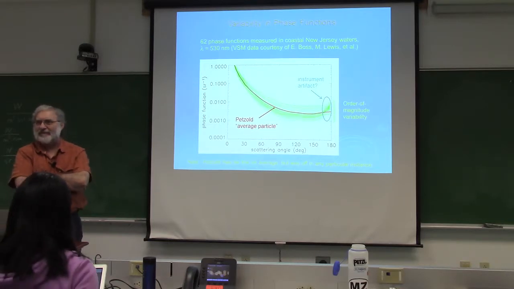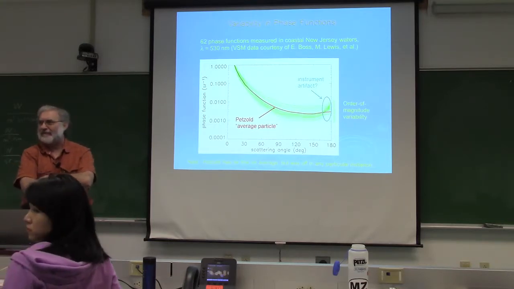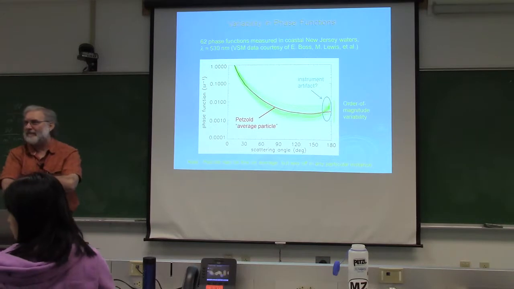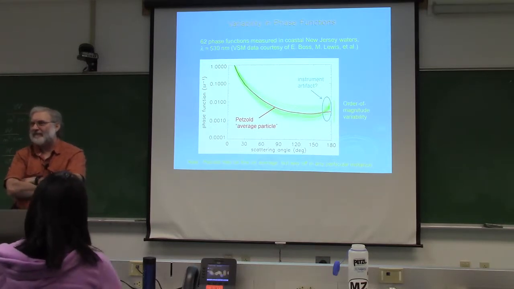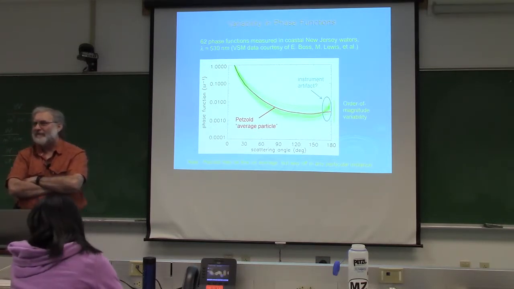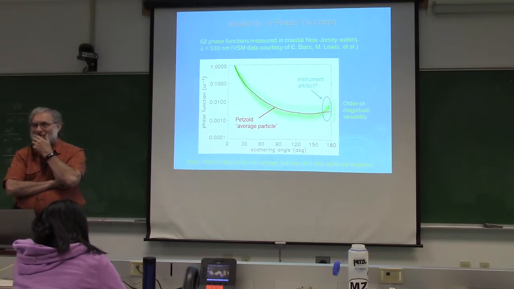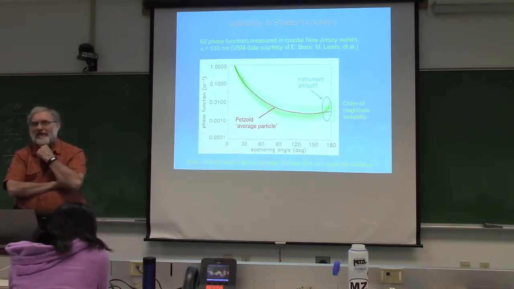It was over several days, the two summers we were there. Coastal water, for some places there's more freshwater input, some places there's resuspension. But it's not like the Pacific Gyre, clear water.